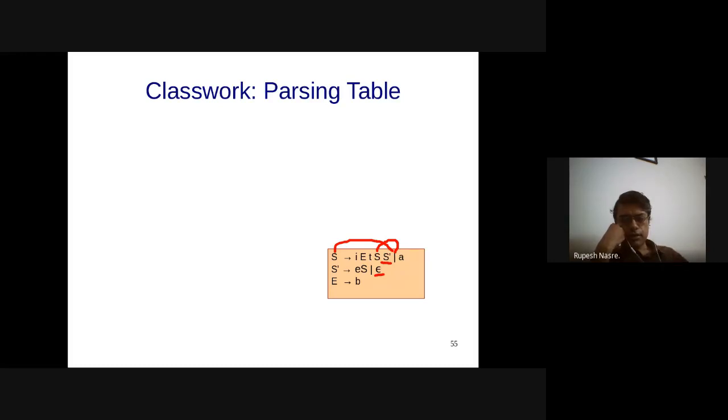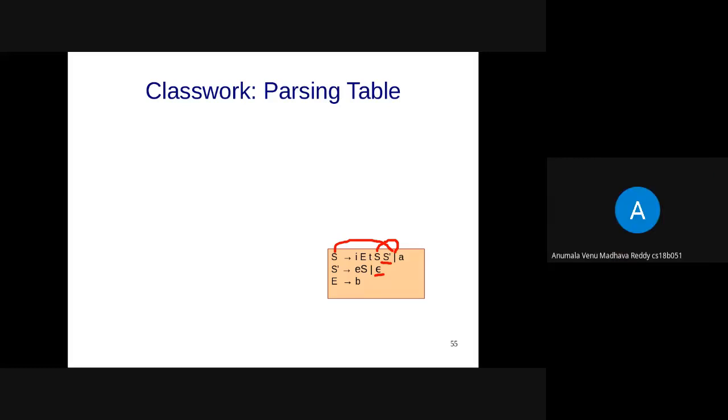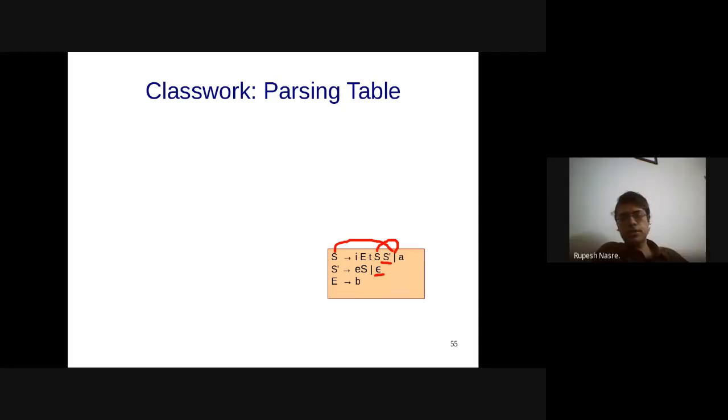Okay, let me say why this rule is true, that follow of S prime will have follow of S. That is because S prime is appearing as the rightmost non-terminal for a production of capital S, and therefore whatever follows capital S in the input, that is going to follow the last non-terminal in S. So that is just the rule that we have.